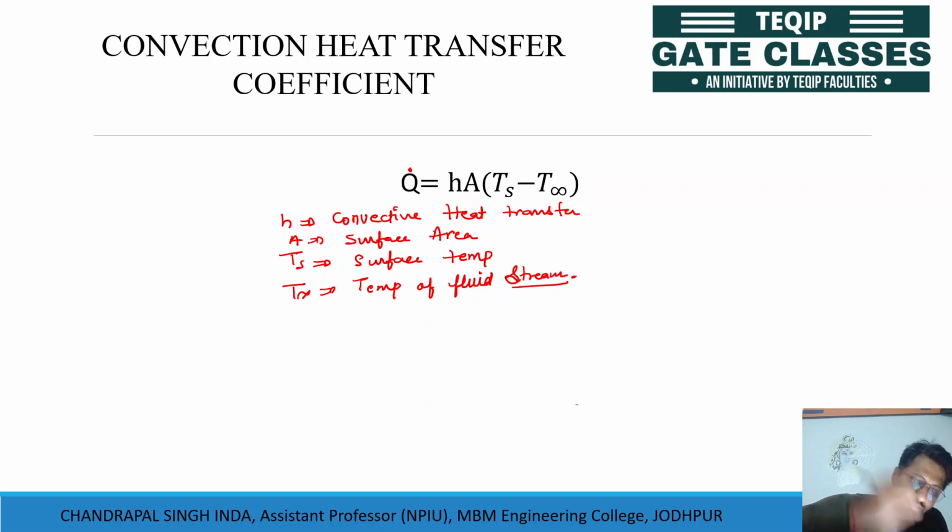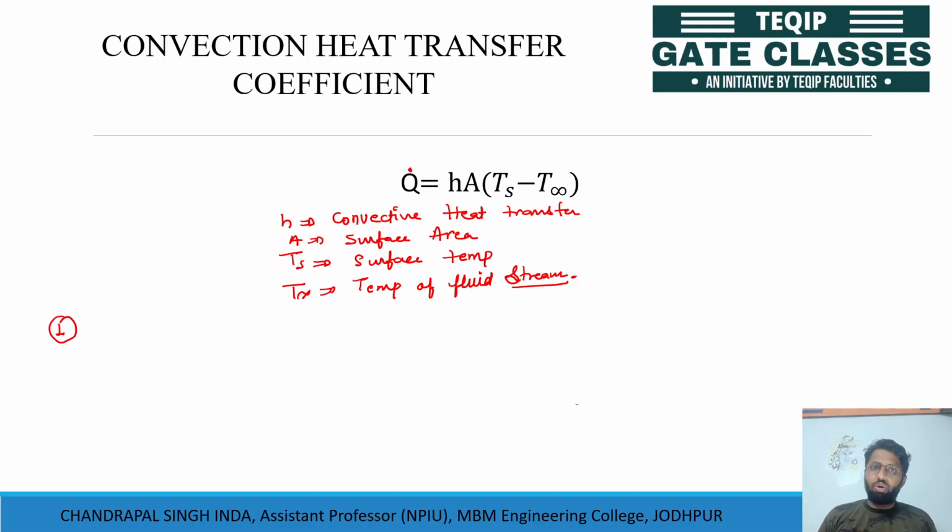So to find the value of the convective heat transfer coefficient, we have two approaches. The first approach is one in which we know the temperature distribution in the direction perpendicular to the given surface.